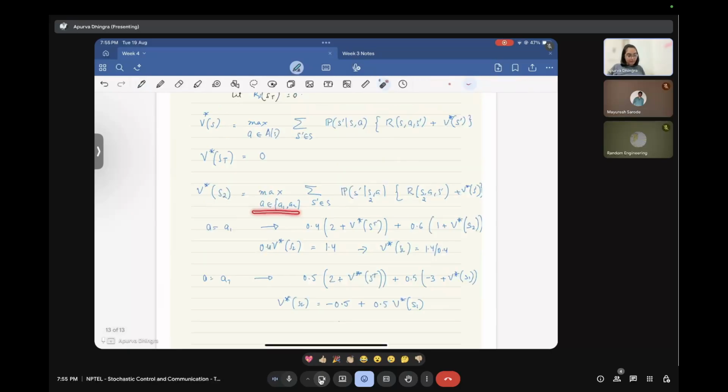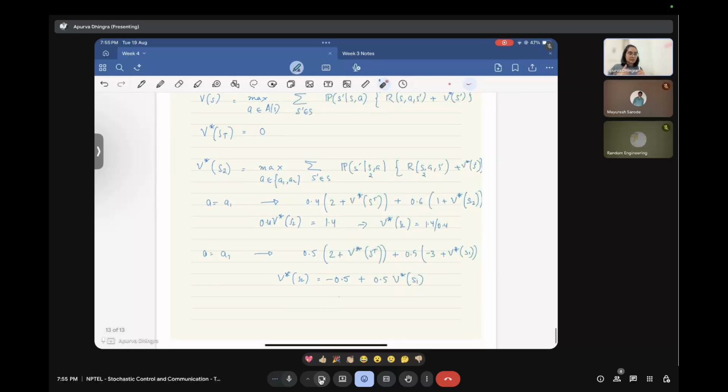This is happening because of the max in front. On its own, this is completely linear, in the sense this is linear in V's, this is linear in R, this is linear in the transition probabilities, but because of this max there is correlations, and that's the part that makes it slightly more difficult to calculate in certain situations, and we basically got to see that situation.